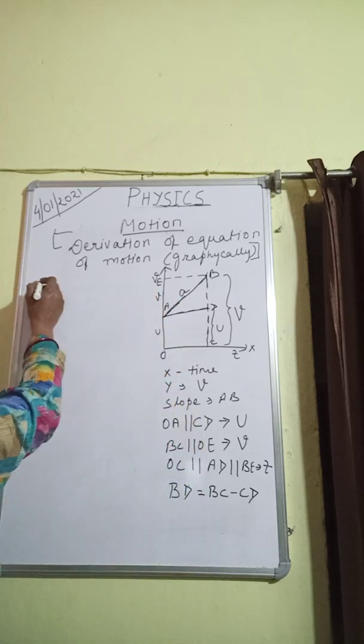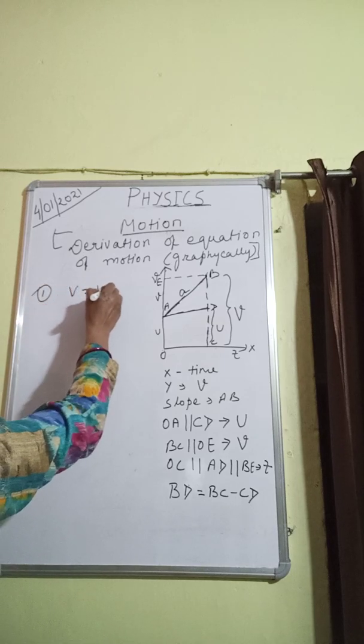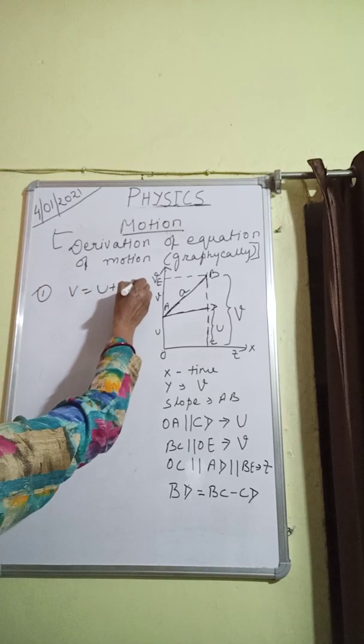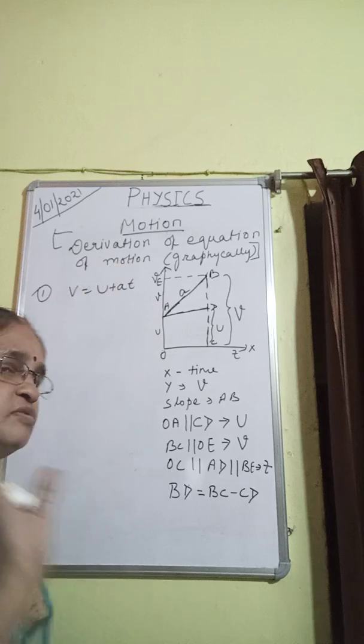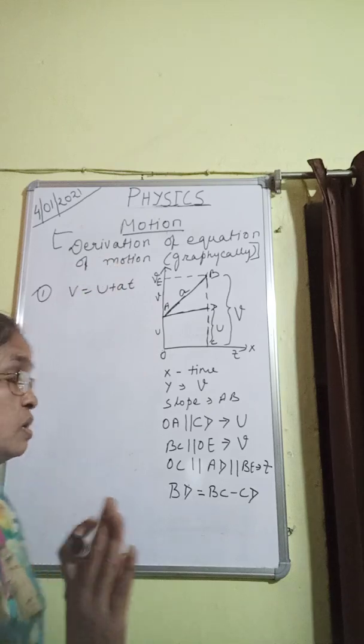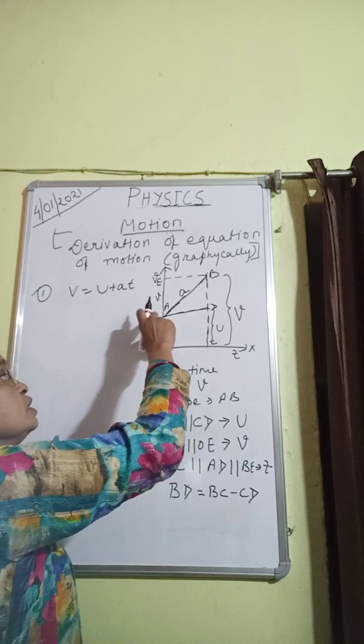So the first equation of motion, V is equal to U plus AT. Leave that. We don't know anything. Don't think about that. What we have to do is simply this: we know that the body is starting with some initial velocity u.